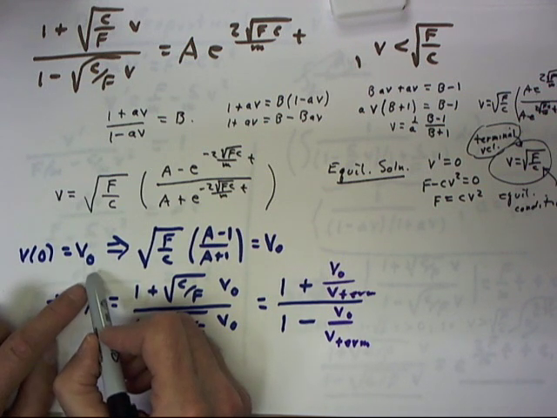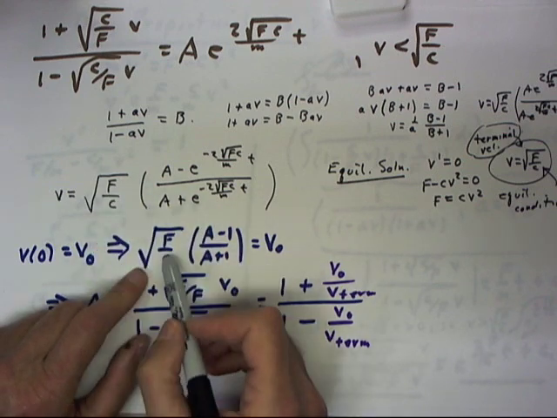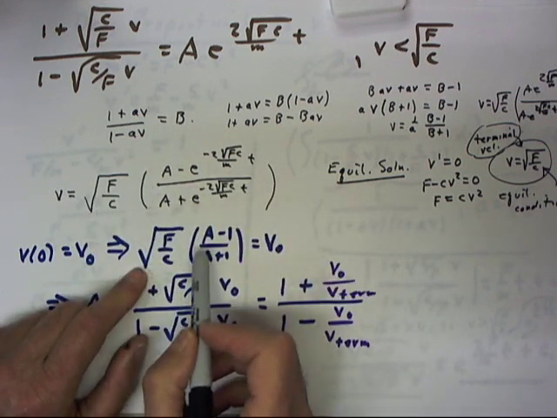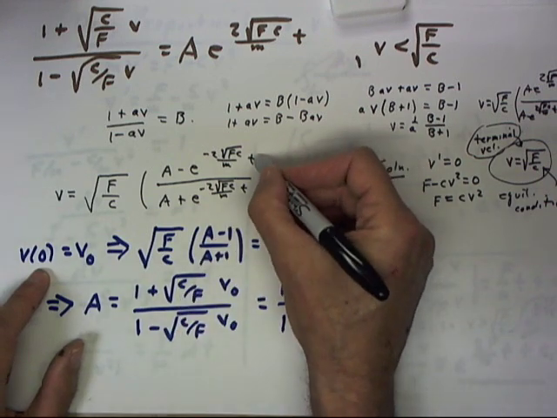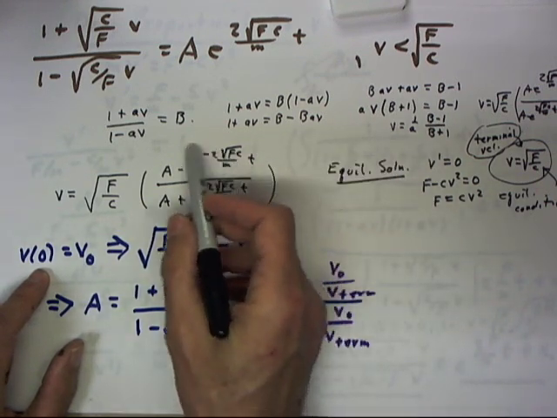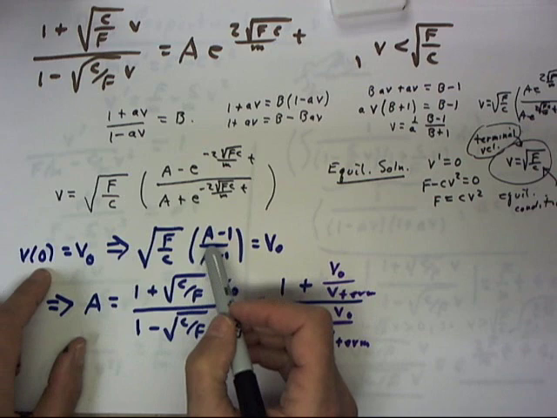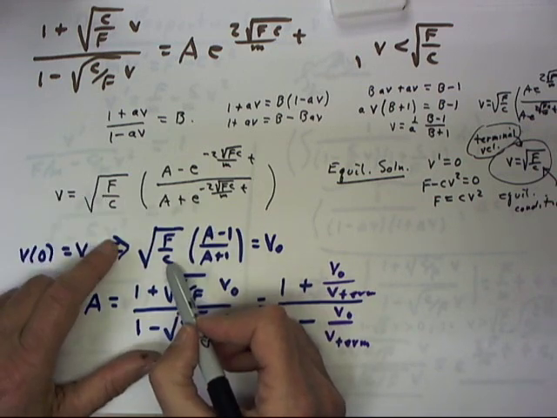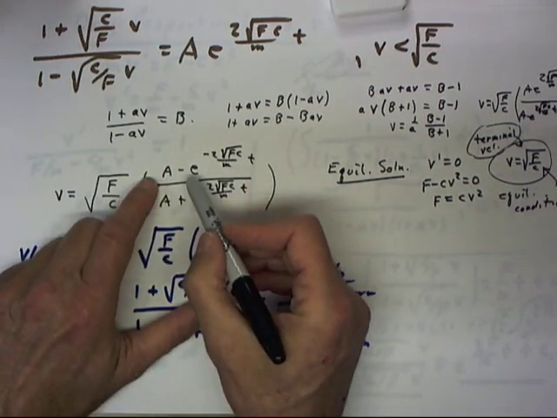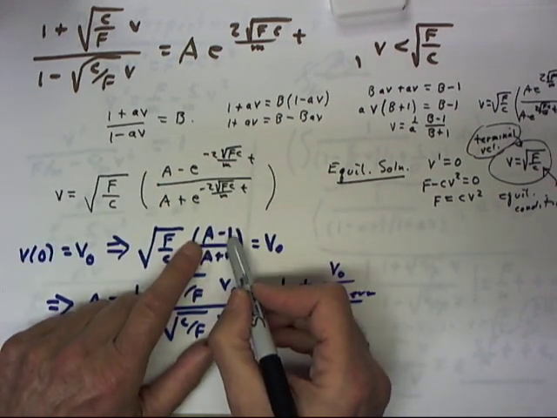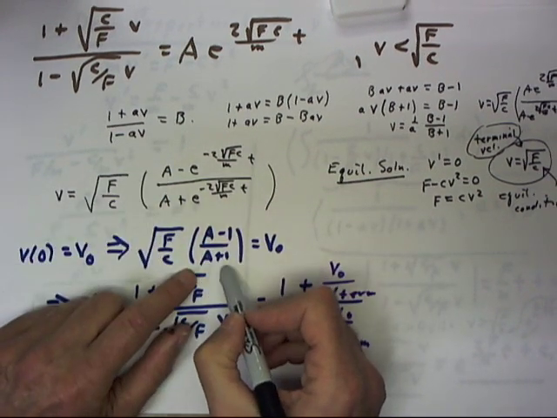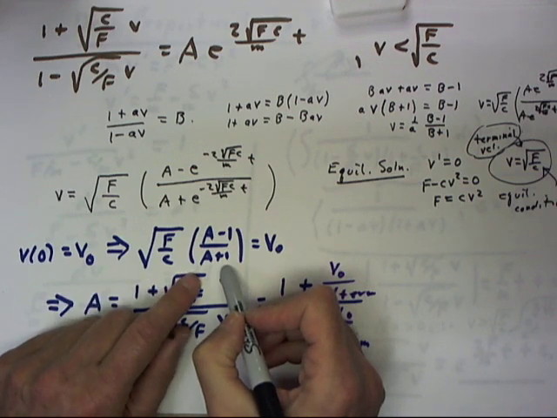So if v(0) = v naught, then in this expression, where we plug 0 in for t, our velocity function becomes √(F/c) multiplied by (A - e^0)/(A + e^0). Well, e^0 is 1, so we get A - 1 for the numerator, A + 1 for the denominator.